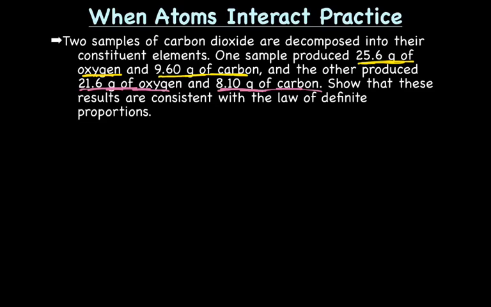Now, there's a lot of ways we could go about solving this problem, but what I'm going to do is calculate the mass percent of one of these, either the oxygen or the carbon, and we'll do the oxygen since it's written first. The law of definite proportions says that the percentage should be the same. So the percent of oxygen in the first sample: we have 25.6 grams divided by the total mass, right?